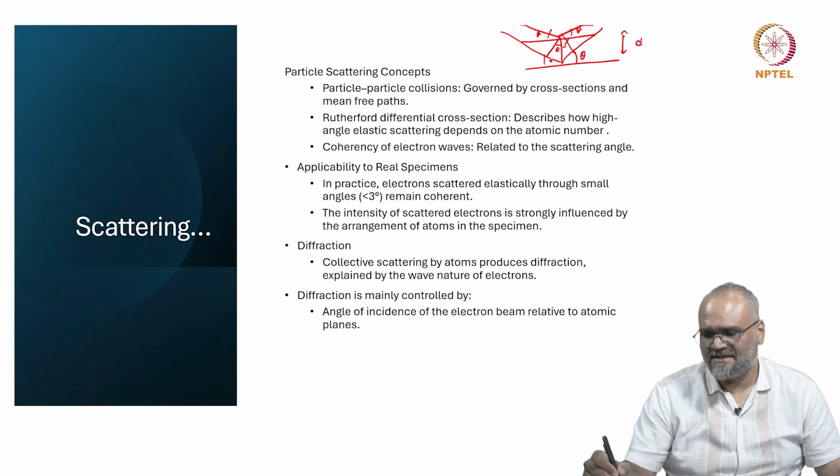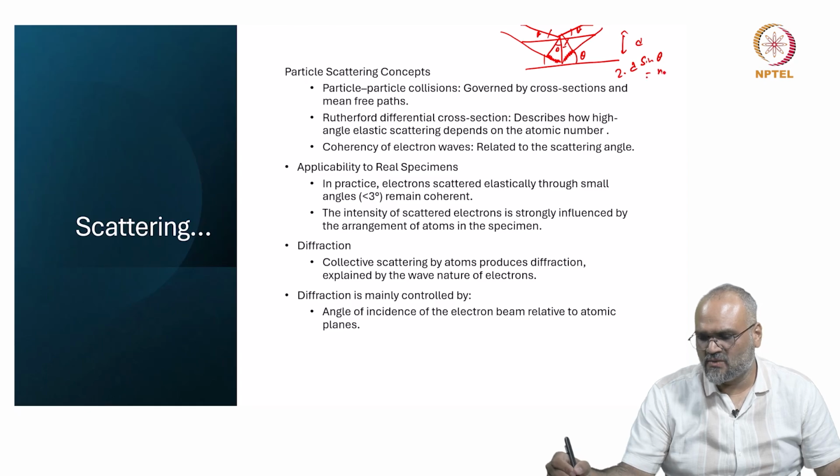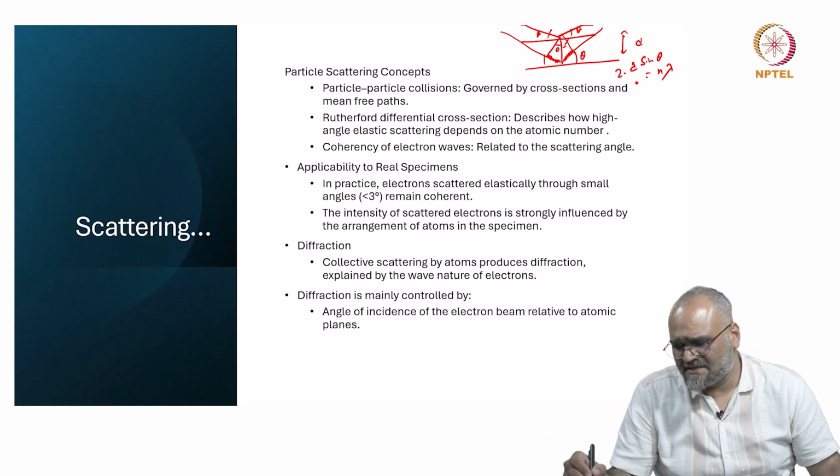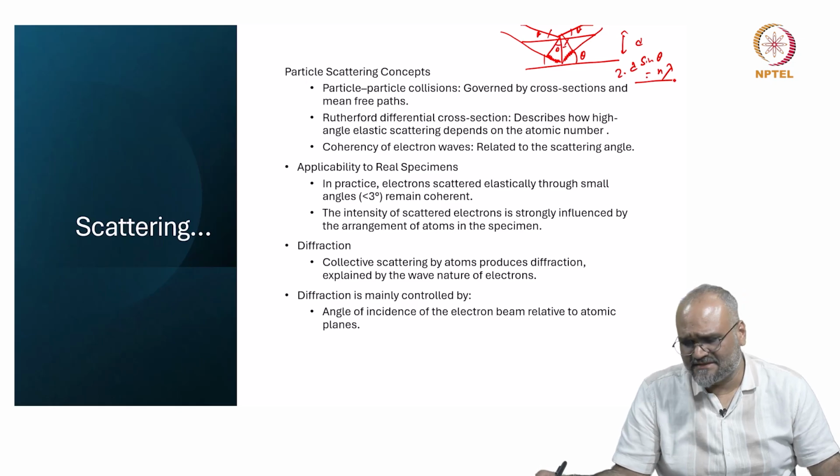The additional path travelled here is twice d times sine theta, 2d sin theta, and if you equate it to an integral multiple of the wavelength, you get the expression for the Bragg diffraction condition.